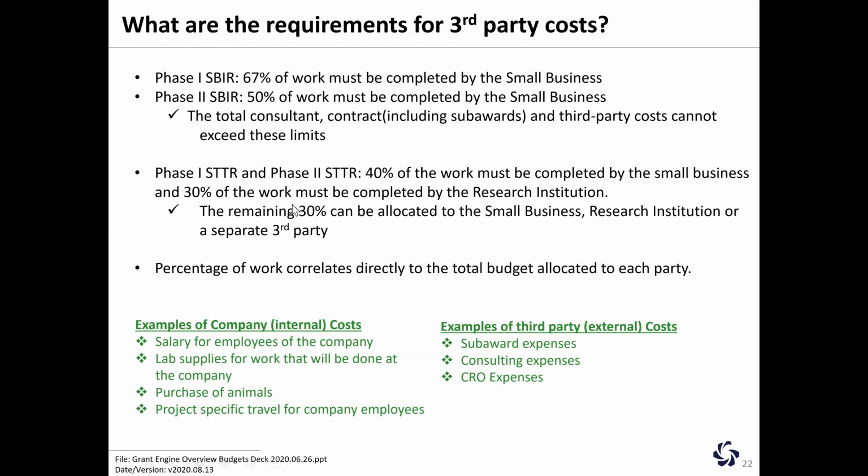Okay, STTR, which I think is going to be a fair amount of the situations, these are all based on dollars. So when it says of the work must be completed, that refers to the percentage of the total budget in dollars. So at least 40% of the budget must be spent by the small business, and at least 30% of the budget must be completed by UNC in this case.